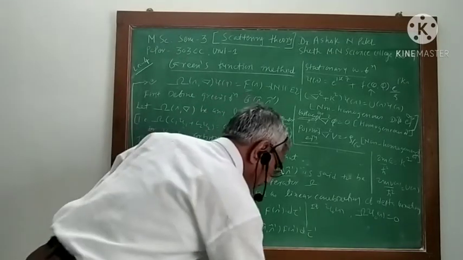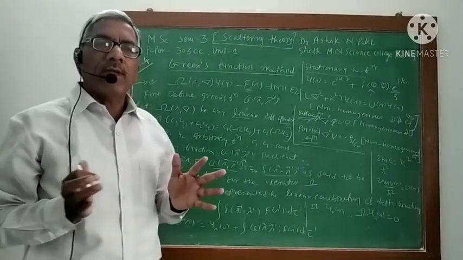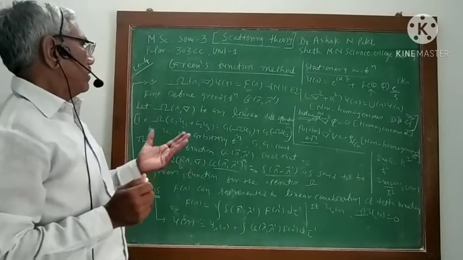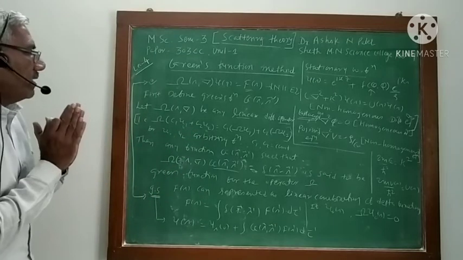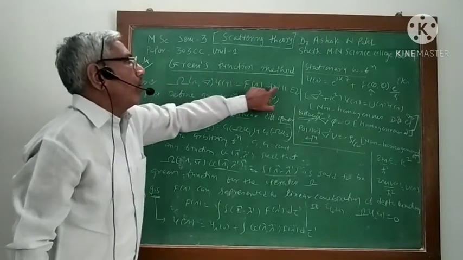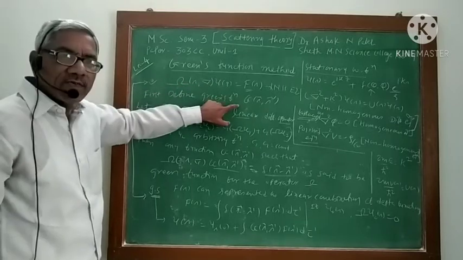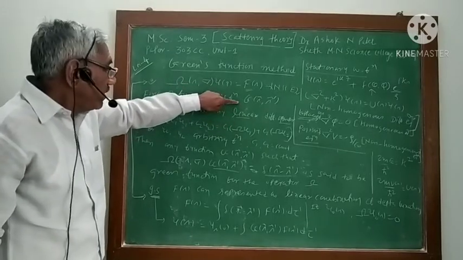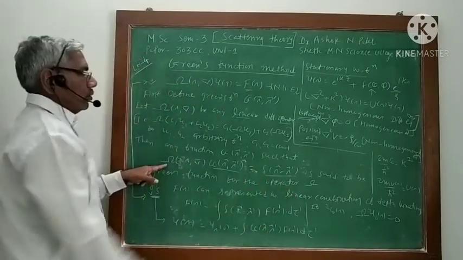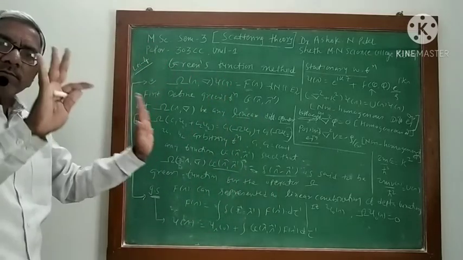Now just try to understand. It is heavy mathematics, I know, but there is no other way. For any non-homogeneous equation, first of all you have to define the Green function in such a way that it satisfies this condition. If it satisfies this condition, then this is my acceptable Green function.